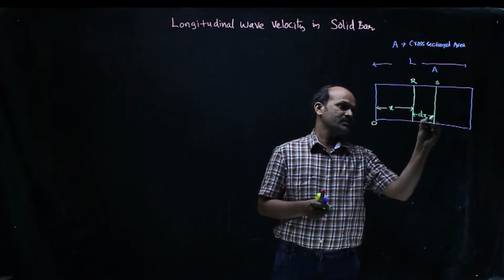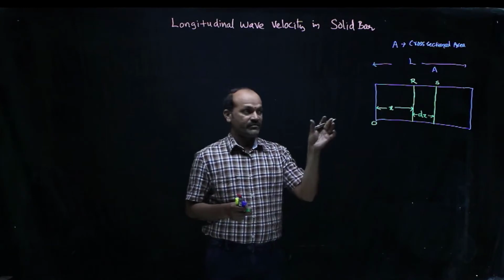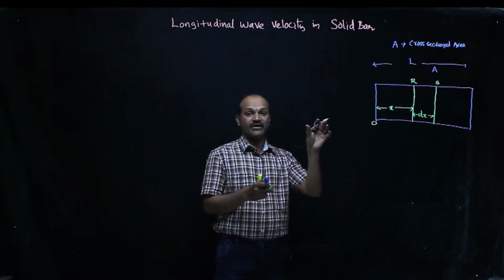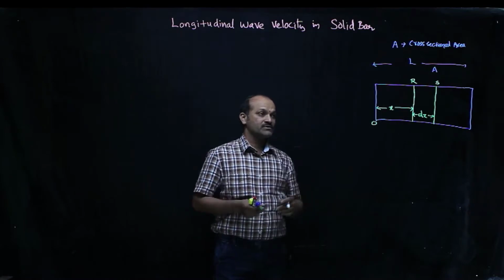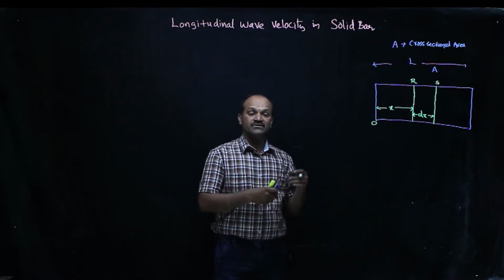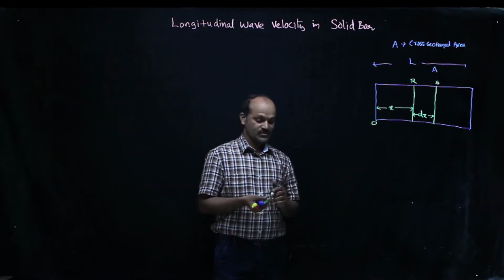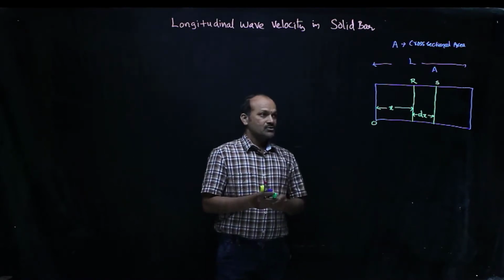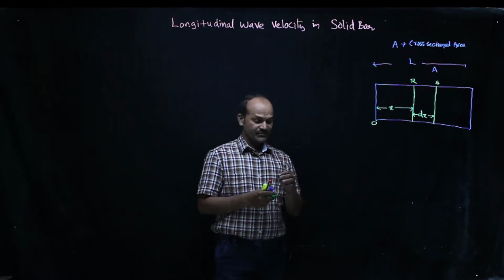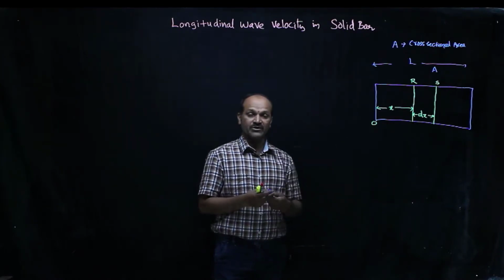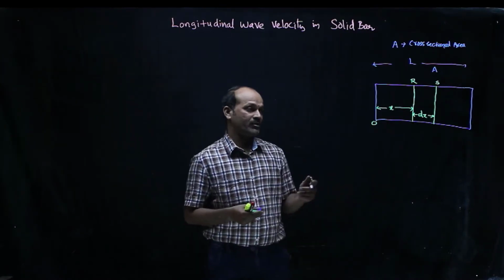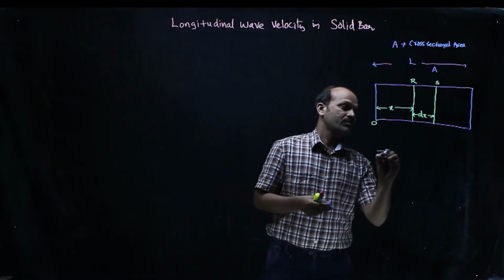That is the thickness or width of the reference element that we have taken on the bar. So from the origin, the distance of R is x, the distance of S is x plus dx. Okay, so if a longitudinal wave or acoustic wave is propagated along the bar, what happens, we'll see.